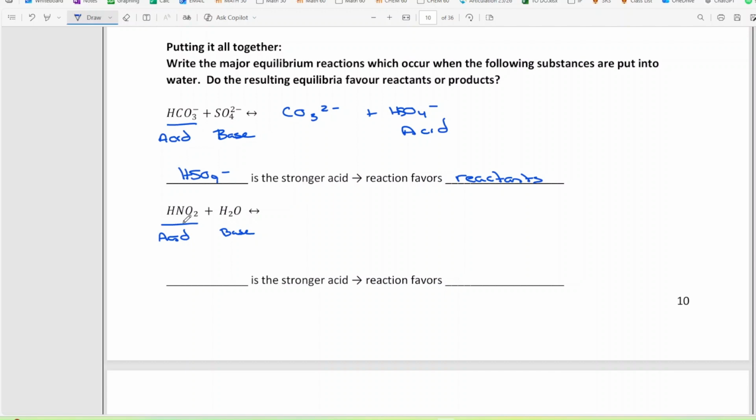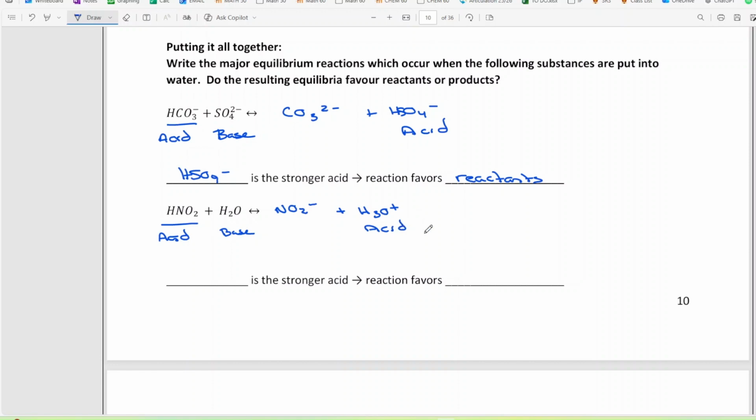With the HNO2 acting as an acid, it's going to donate its proton, so you lose the positive hydrogen and gain a negative charge. Then the water is the thing that's going to accept that proton and become H3O plus. Then what we're going to look at is in this species, which side has the stronger acid. The HNO2 is my acid, and then the conjugate acid of water is the H3O plus.